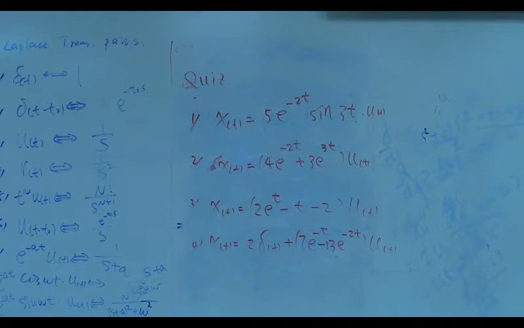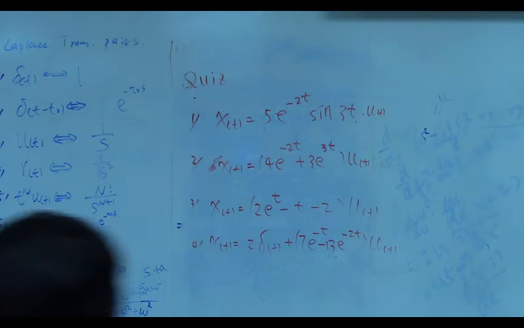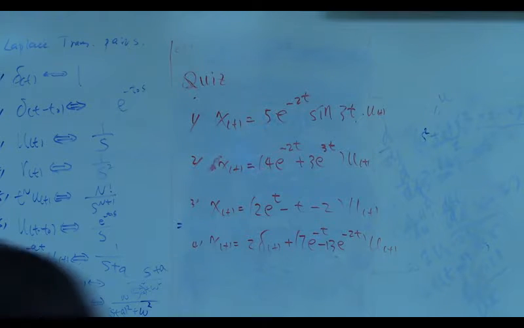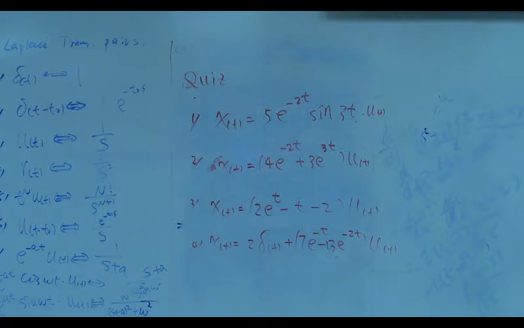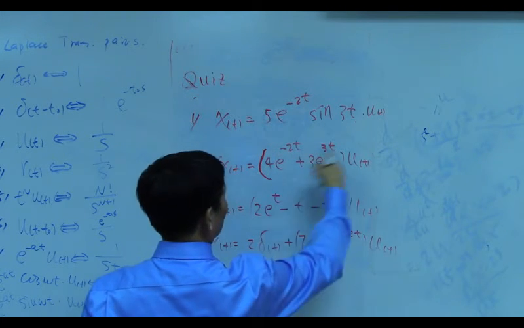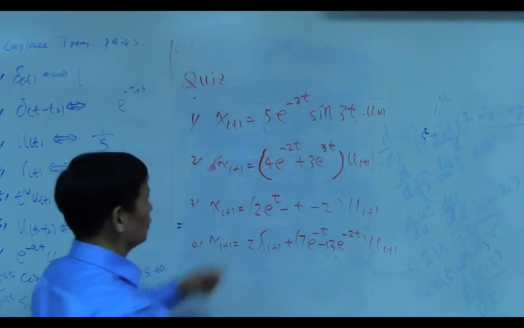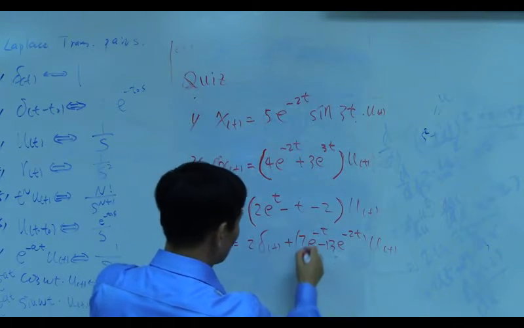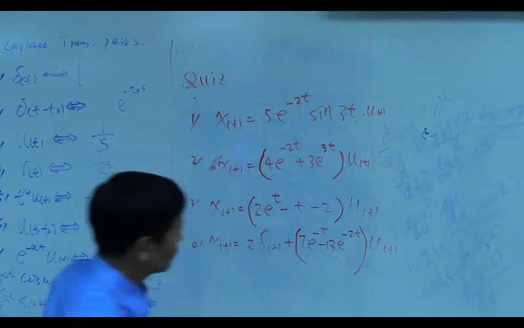Yeah. Okay. Number 2 is that 14e. Parenthesis. And 4e to negative 2t. This one is again here and here.